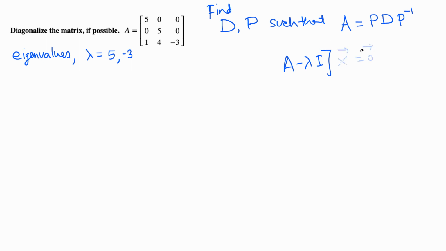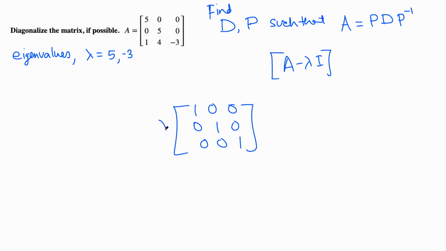So let me find this matrix. What is A minus lambda I? A is the given matrix, and I is the identity matrix, in this case 3 by 3: 1 0 0, 0 1 0, and so on.